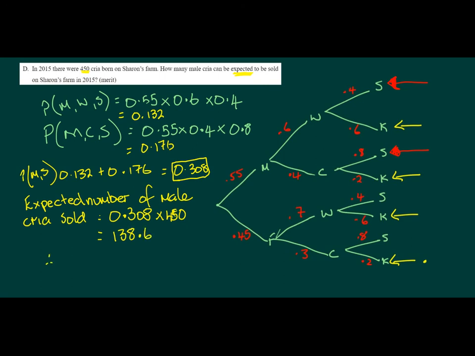So therefore 138 or 139 male cria sold. Okay, and that's what you need to do to get the merit grade. And that's all for the question.